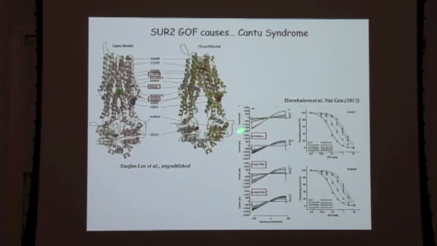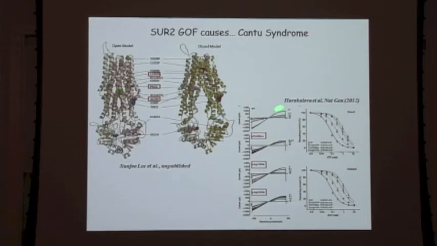Under control conditions there's a very weak inward rectification, but as you add ATP, in this case magnesium ATP, they're conflating both the inhibitory effect of ATP and the activating effect of magnesium nucleotides at the nucleotide binding folds.